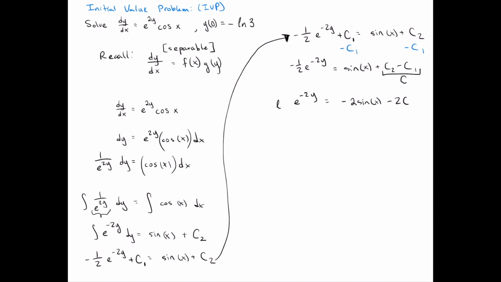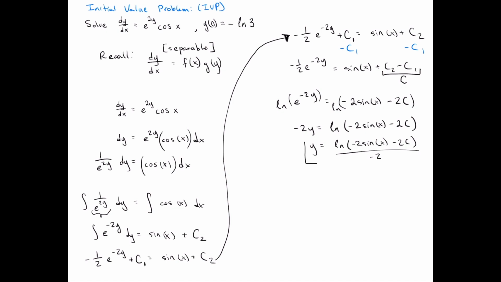And then if we take the natural log of both sides, so we can cancel out the exponent, we get negative 2y equals the natural log of negative 2 sine x minus 2c, and then we simply divide by negative 2 on both sides to solve for y. Okay, so the equation becomes y equals the natural log, or ln, of negative 2 sine x minus 2c, over negative 2.